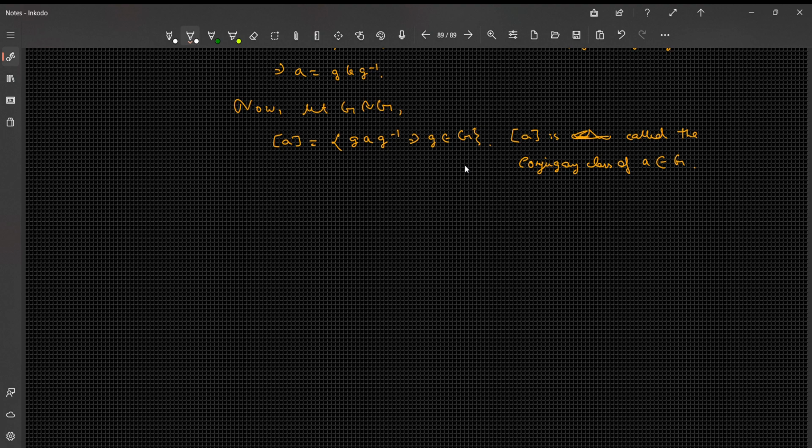So the first thing we will be discussing is a proposition. What is this proposition? Let us consider two elements from Sn.